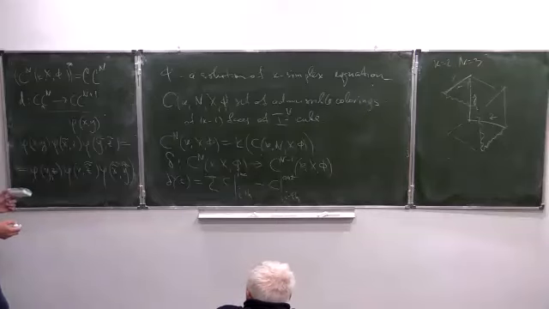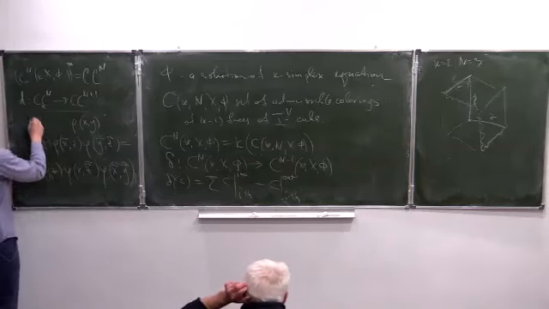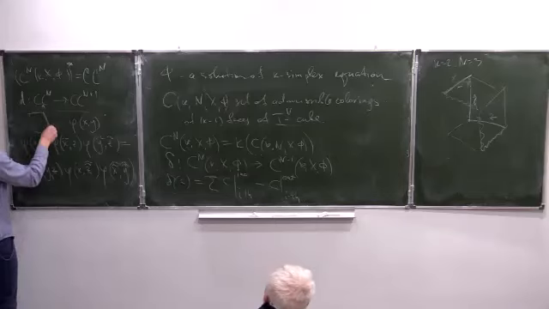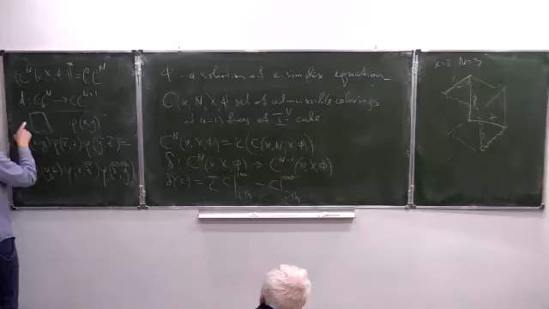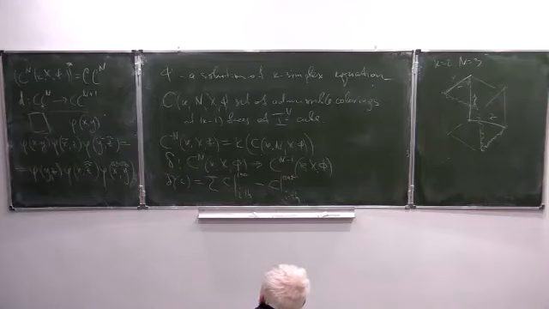Okay, so what is the boundary? If we have a coloring of a cube, we can take the sum of incoming colors and the difference of outgoing colors.